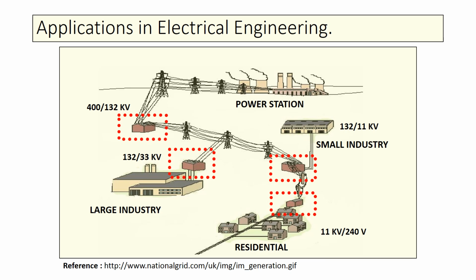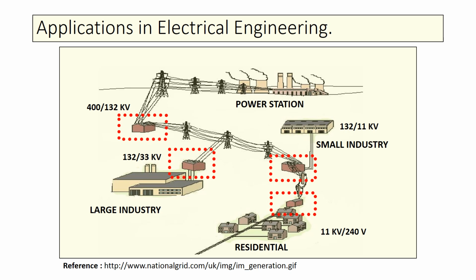So in order to remove this drawback, we need to step up the voltage at the generating station. We cannot increase the voltage of the generated power itself. Once power is generated at 11 kV, we use another device to increase the voltage.